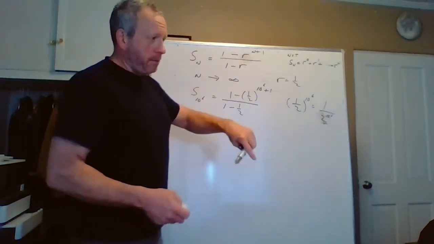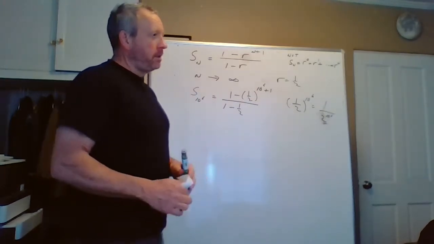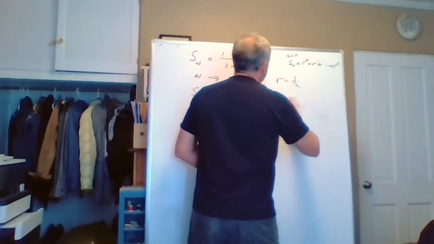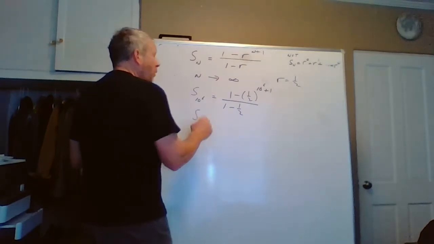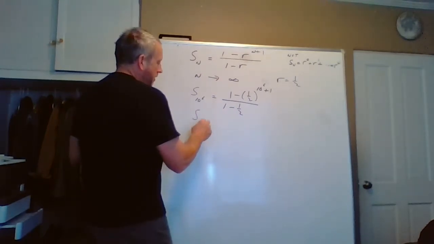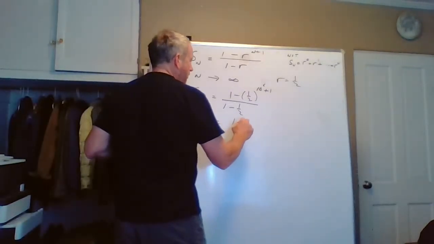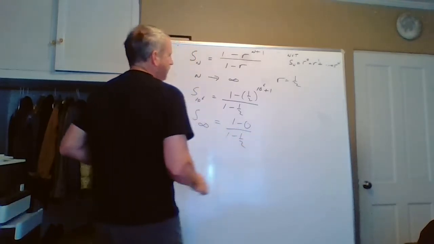So 1 divided by a number that large, it's not 0, but you might say for all intents and purposes it's 0. So after all that, what can we say? We can say that, or we're going to say that this is equal to 1 minus 0 divided by 1 minus 1/2.